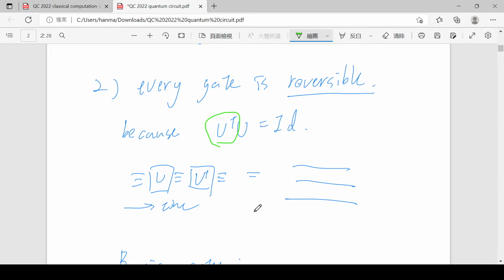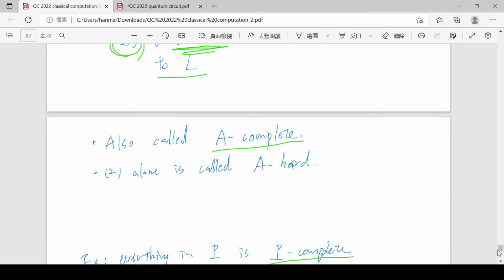So classical computation, they are like AND gate and OR gate. And they are not reversible if you forget their input, right? So AND gate, like you have... Okay, let's look at it up here.